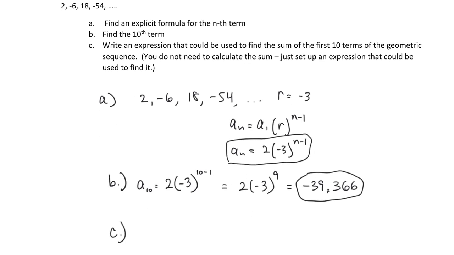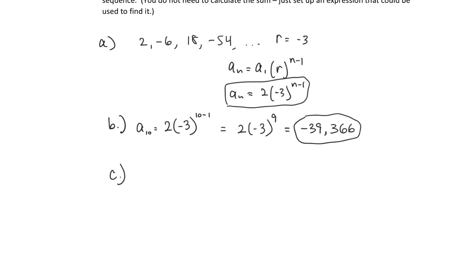So then for part C, an expression that could be used to find the sum of the first 10 terms. So the partial sum formula for a geometric sequence is first term times 1 minus r to the power of n, over 1 minus r.